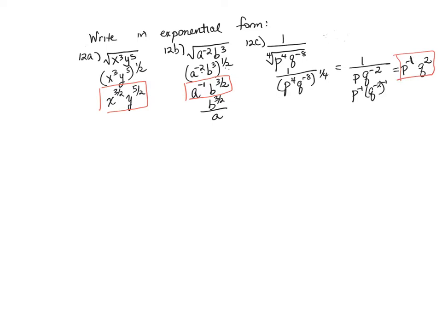Okay, so we're done. Let's take a look at a few other problems that are a little bit more difficult. Okay, that was our intro. Express in simplest radical form.